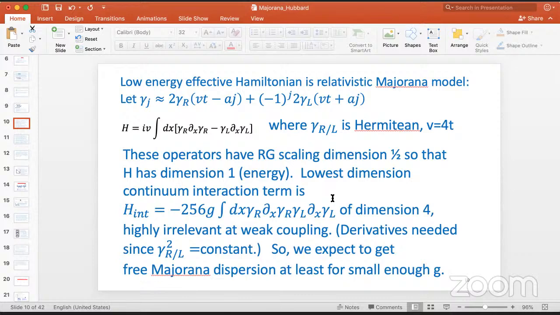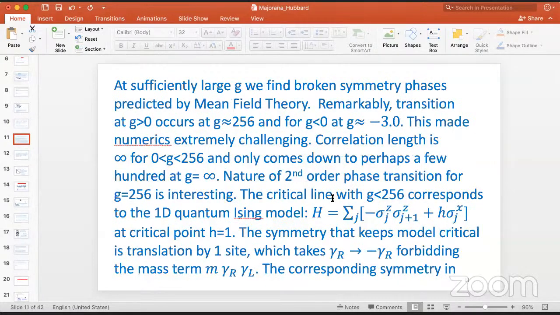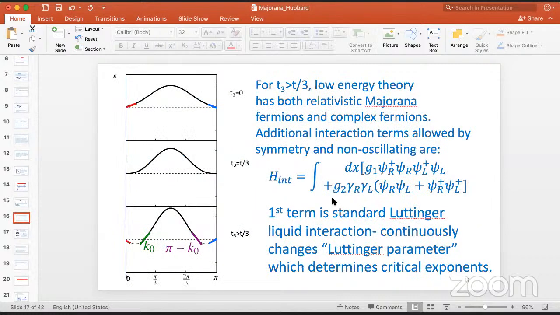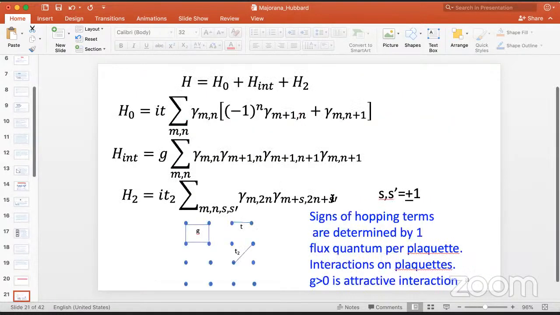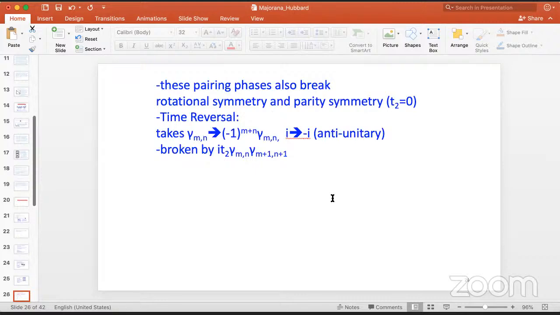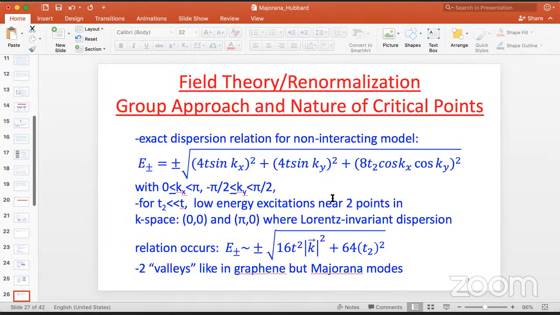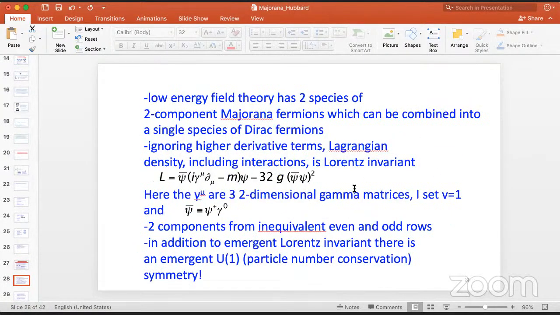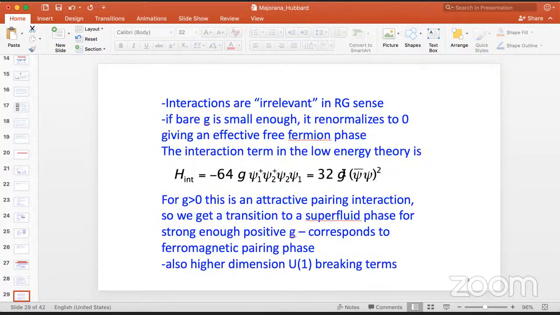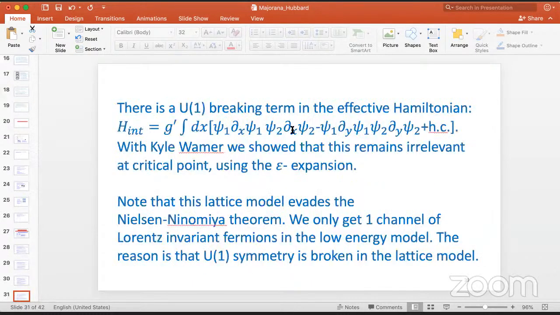Yeah. So you mentioned this emergent U1, and you said the... sorry. So you had a boson field, and what is the leading perturbation that breaks the U1 for the boson? Okay, so the leading perturbation that breaks the U1 symmetry is written here, and this is a dimension 6, and we showed that it remains irrelevant.